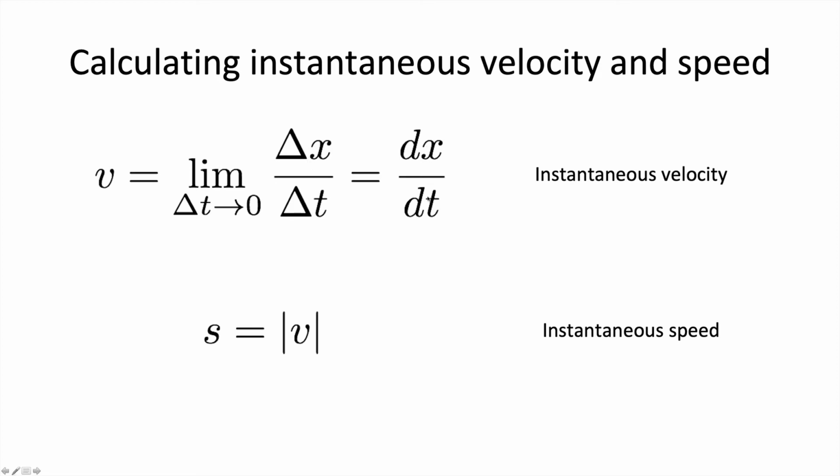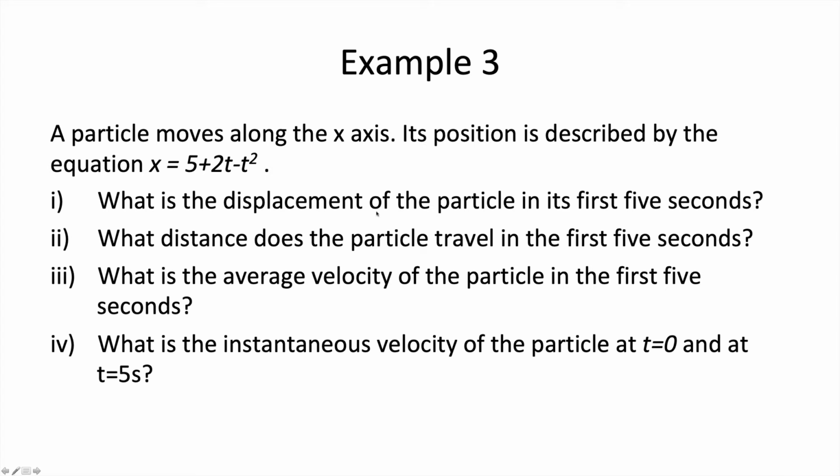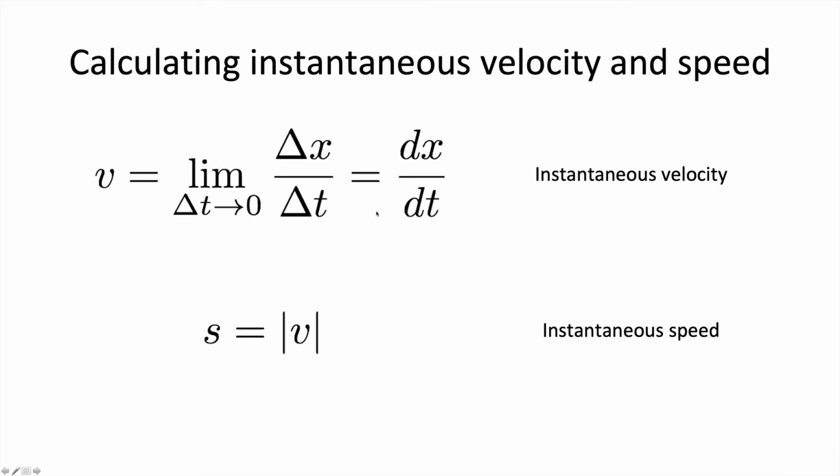So this is dx dt. And the speed is just the magnitude of this instantaneous velocity. So this is the instantaneous speed. So in this case, obviously they do have the same magnitude. It's just that the instantaneous velocity also has a direction as it is a vector.